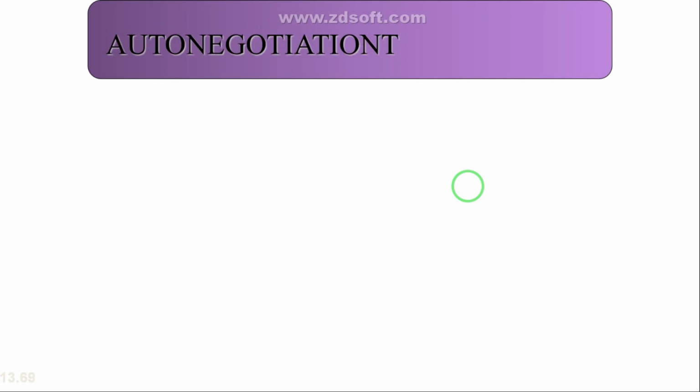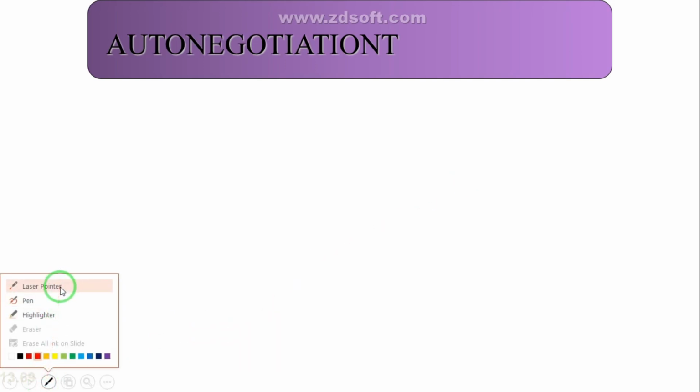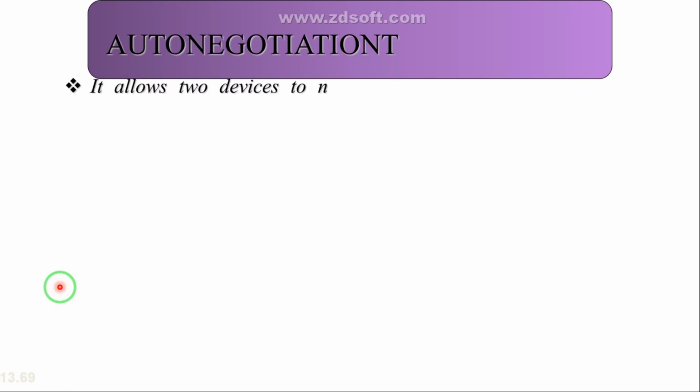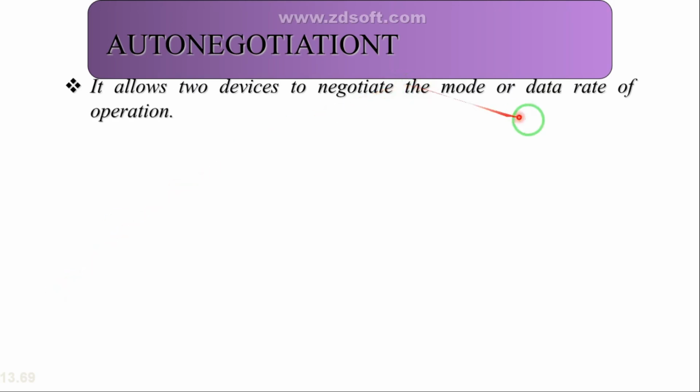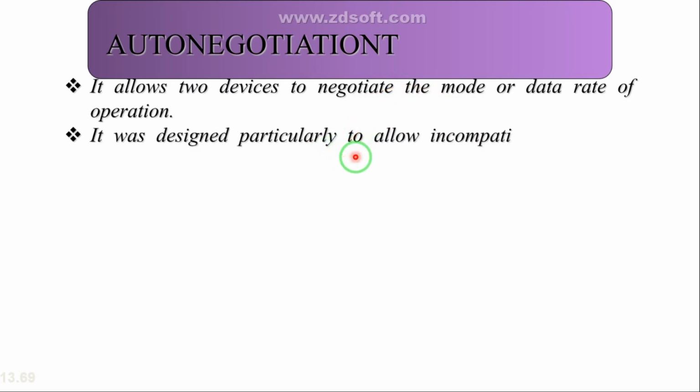A new feature added to fast Ethernet is called auto negotiation. Auto negotiation allows two devices to negotiate the mode or the data rate of operation. It was designed particularly to allow incompatible devices to connect to one another.